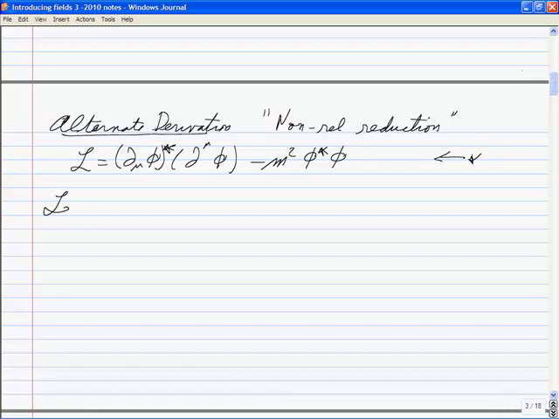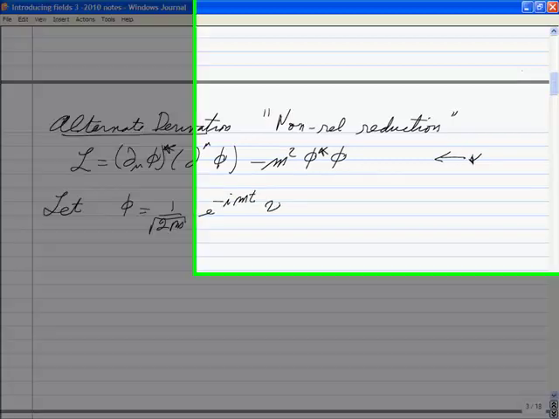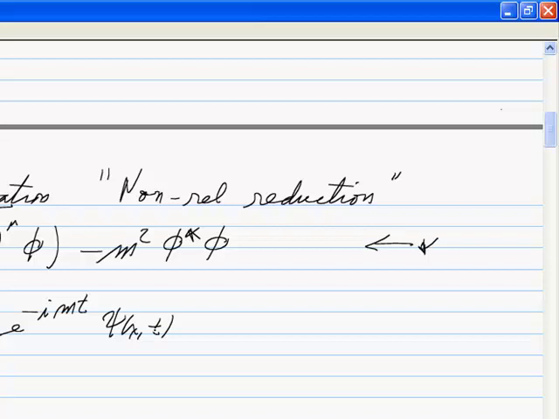And then I'm going to let the following definition happen. I'm going to let phi equal 1 over root 2m, e to the minus i m t, psi of x and t. The idea of this is we take solutions of the form e to the minus i E t and approximate those by e to the minus i m t.